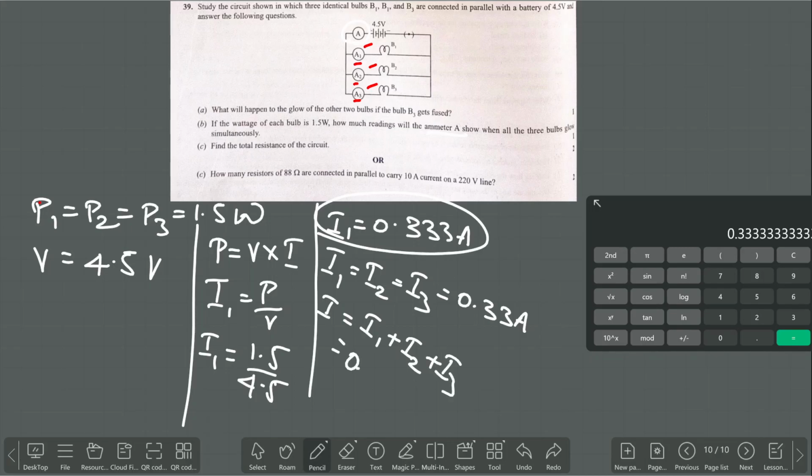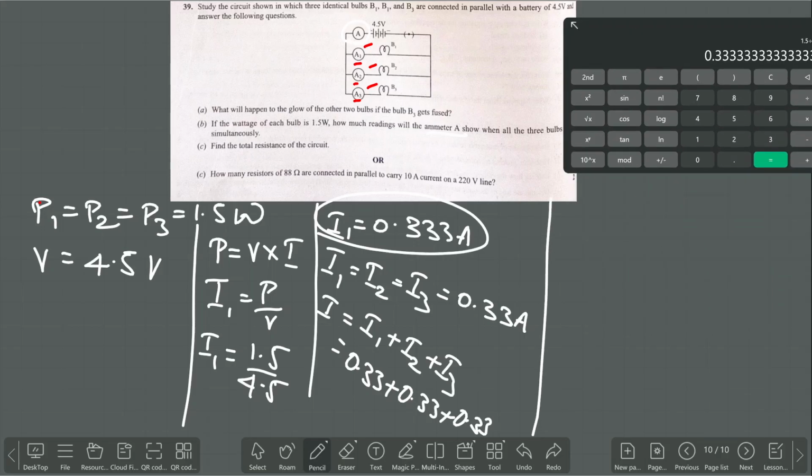What is the value of I1? 0.33 plus 0.33 plus 0.33. If you add all the numbers, I is equal to 0.99 ampere. So this will be the amount of current which is passing through the ammeter A. Now we need to calculate the total resistance in the circuit.